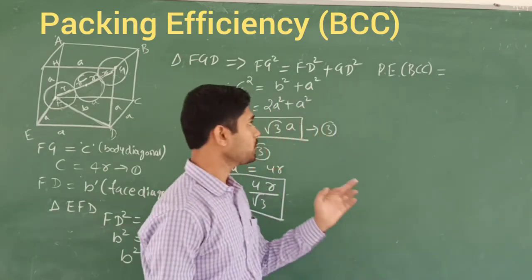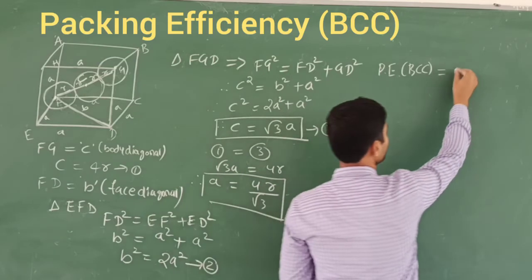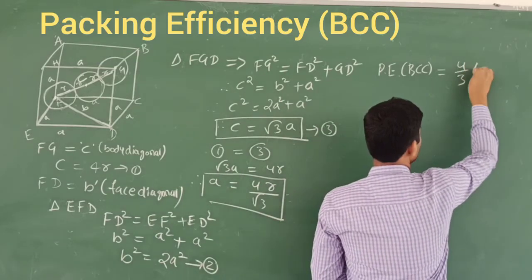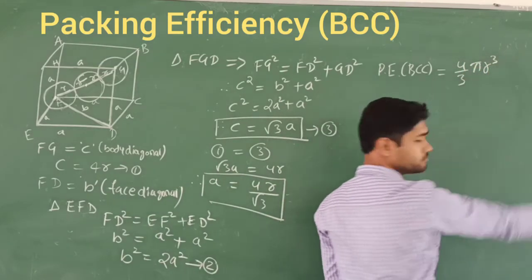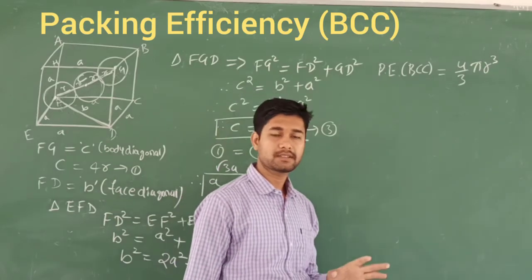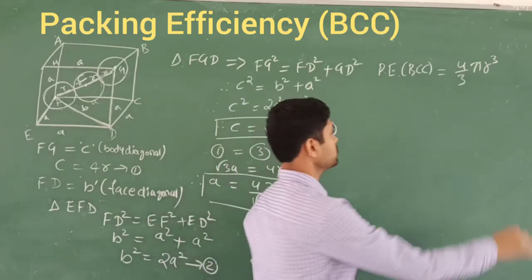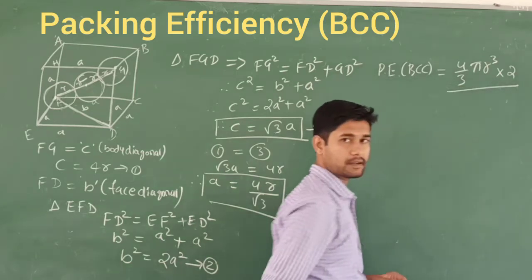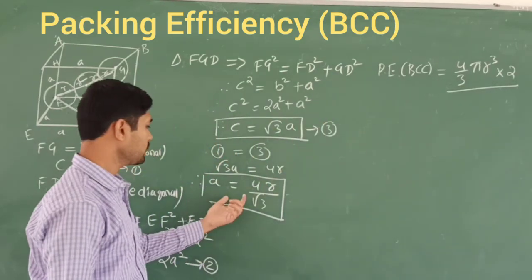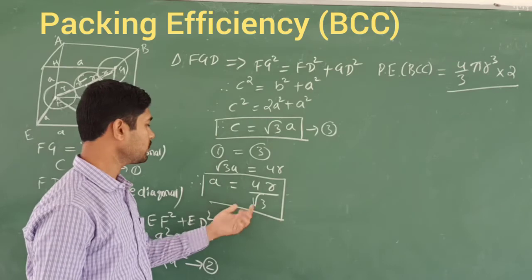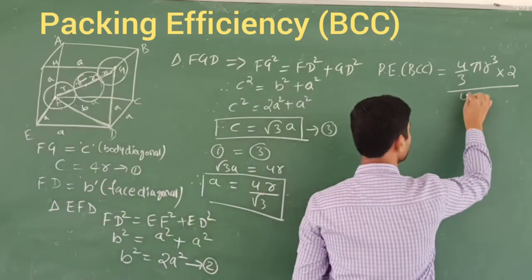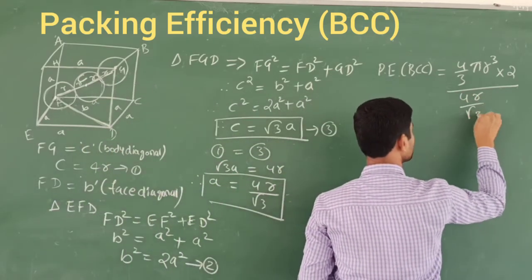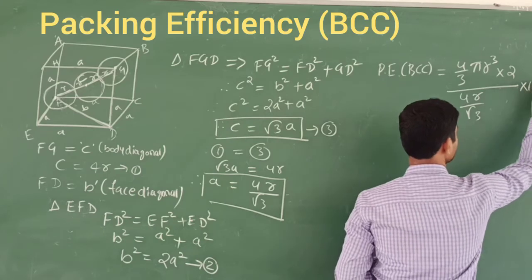So the volume of a sphere is 4 by 3 pi r cube. The total 2 particles in the body centered cubic unit cell, divided by the remaining volume of the cube, that is 4r by root 3, into 100%.